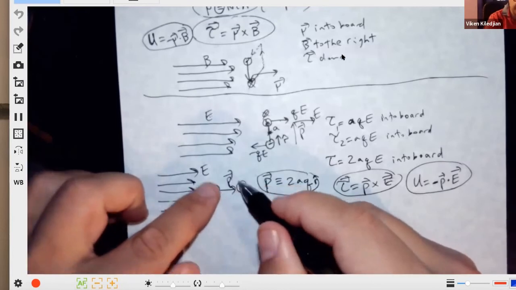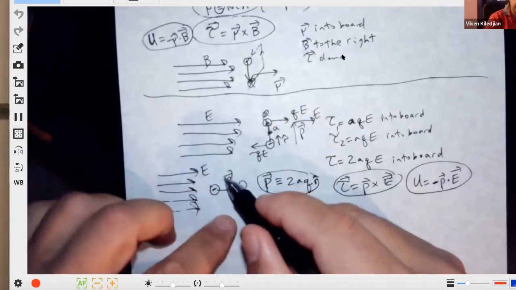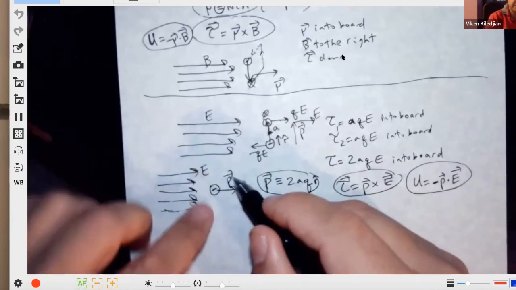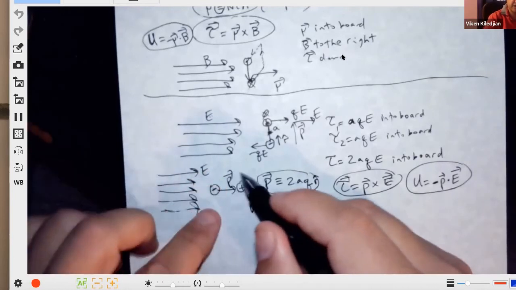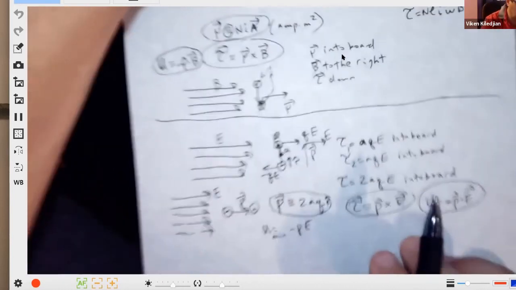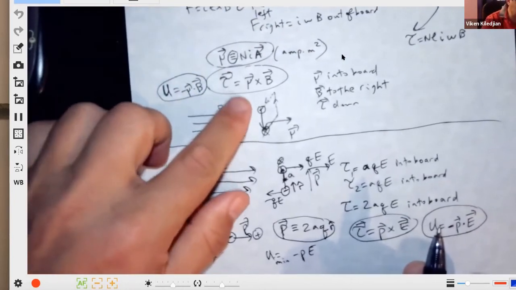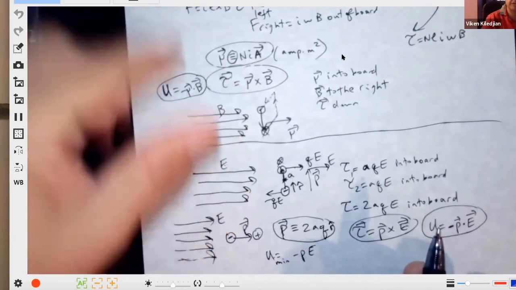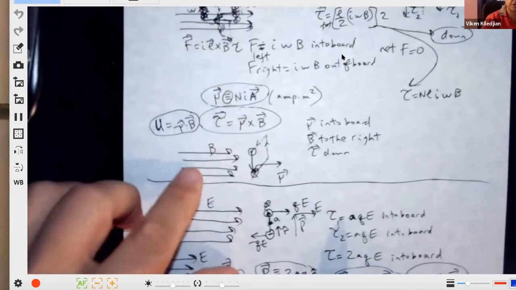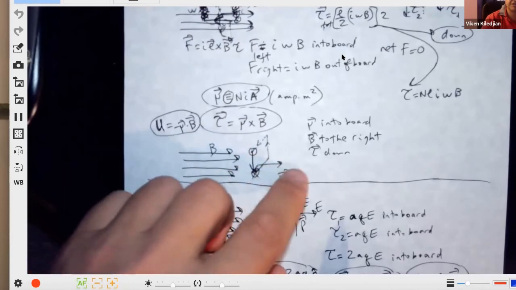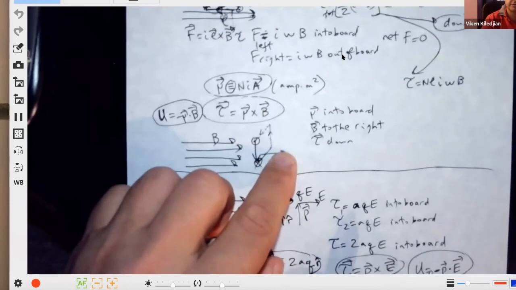But of course, it's going to pass that point, and then it's going to start spinning like that, making harmonic motion. And the same thing is going to happen here. The minimum potential energy will occur when the dipole moment is lined up, right?